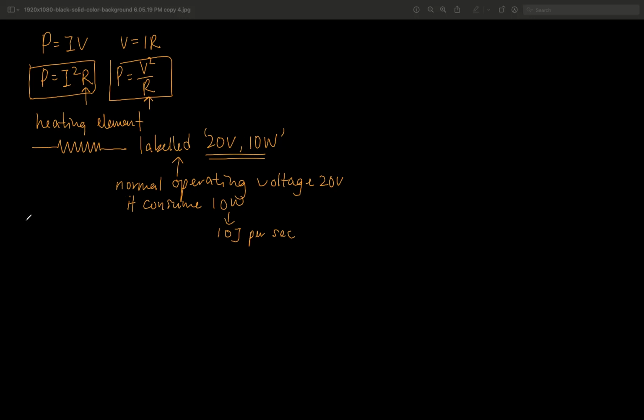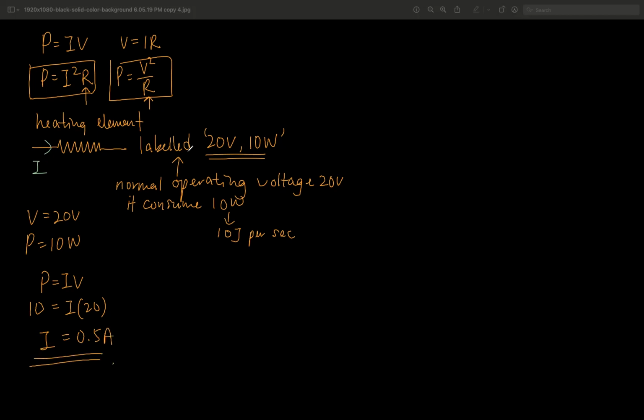Then the question asks you to calculate the current flowing in the resistor, I. So we have V equals 20 volt, power equals 10 watt. We can do P equals IV, so 10 equals I times 20, so I equals 0.5 ampere. This is the current drawn.